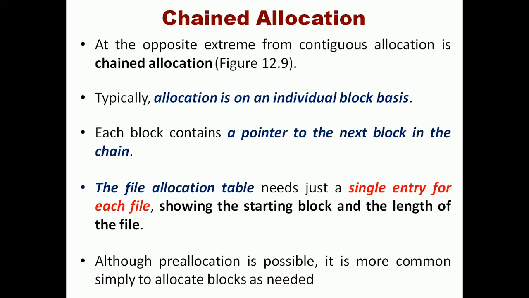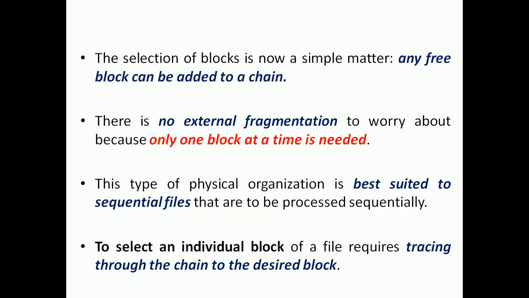In the file allocation table, a single entry for each file is required, with the starting block and the length of the file. Pre-allocation is possible here too, so the chained allocation mechanism can also use the pre-allocation concept.